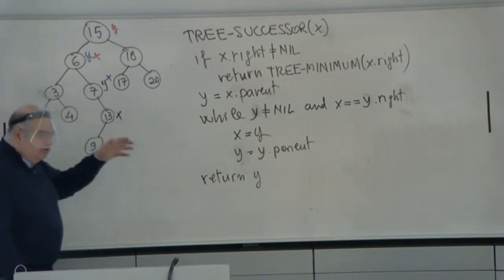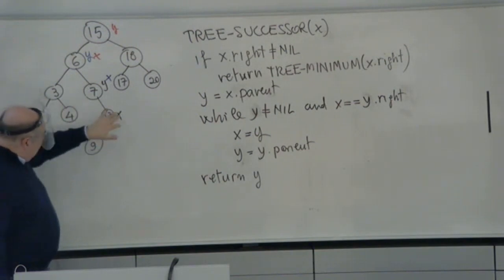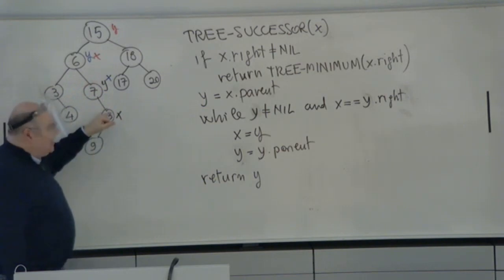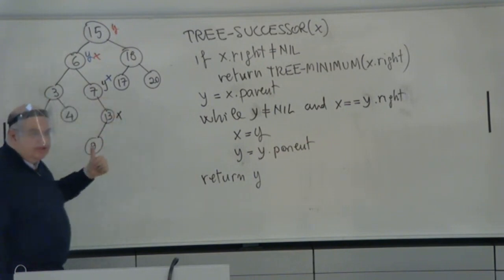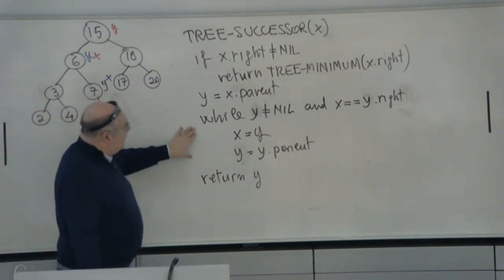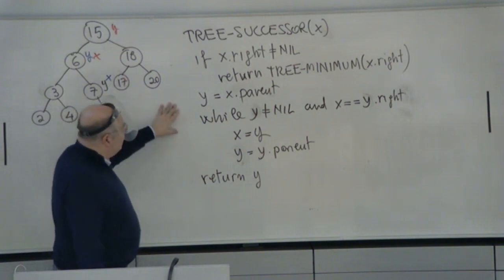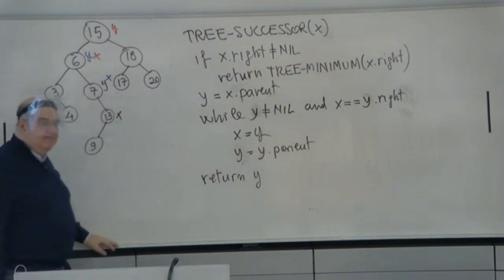But the idea is that if the child is a right child, it means that you are moving leftwards, getting smaller numbers, and you keep everything to the left. You see that what the algorithm does is go up and then stop at some point. So again, it works using the height of the tree.